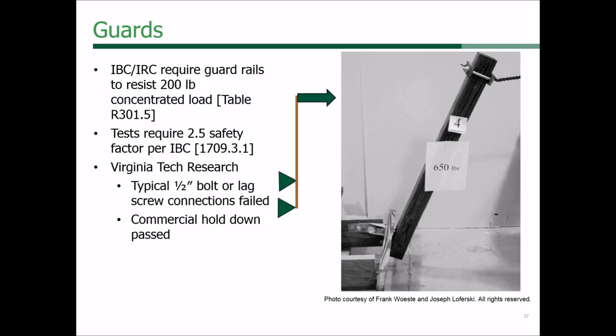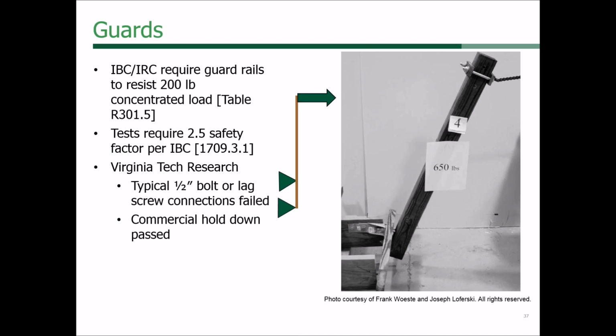So it was tested at Virginia Tech, and again there was some testing at Washington State. And what they did is they found a hold down tension device that had lots of capacity, and they kind of threw it on there. And it wasn't necessarily designed for that or even recommended for that purpose, but they were just trying to figure out what works, because a lot of the connections that they saw in the field were not working.